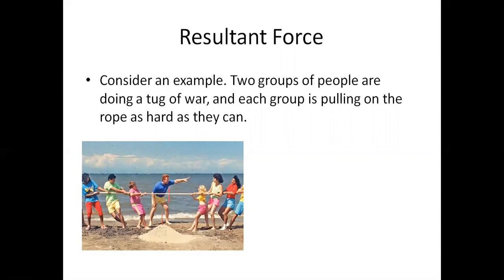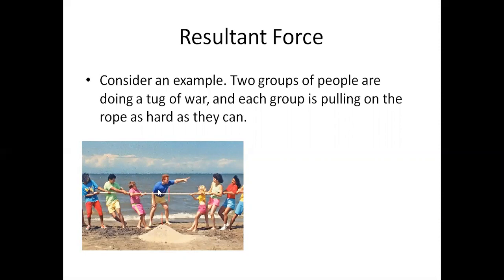Though it is a game, our collinear force system is included here. If they pull with more force, then they will win.